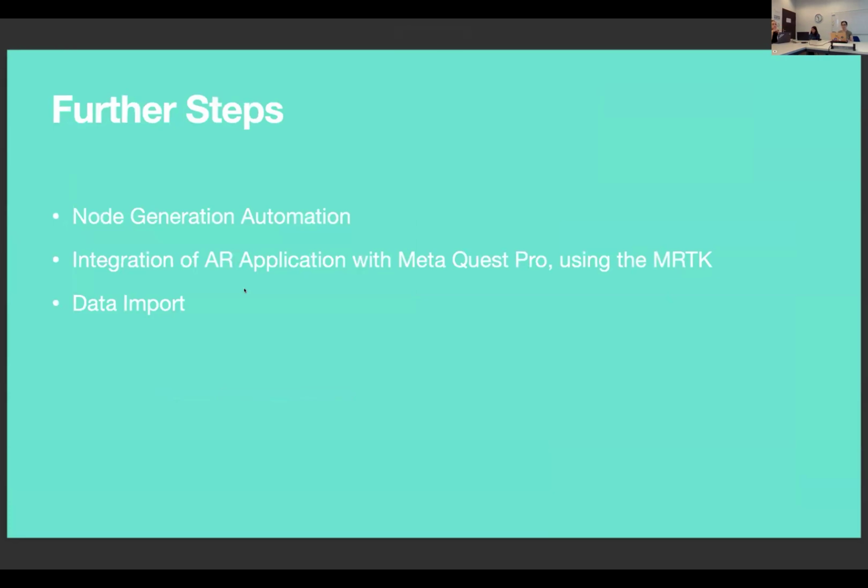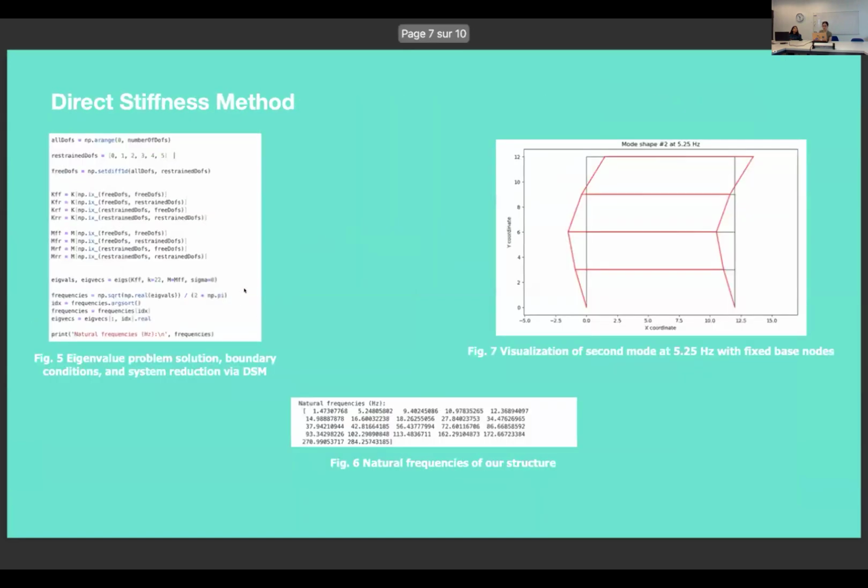And so for the further steps, as I said previously with the direct stiffness method, I will go back to the visualization of our mode shape. We can see that the nodes are implemented manually because we do not have enough curvature of the displacements.